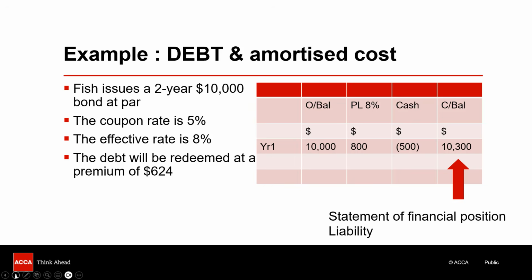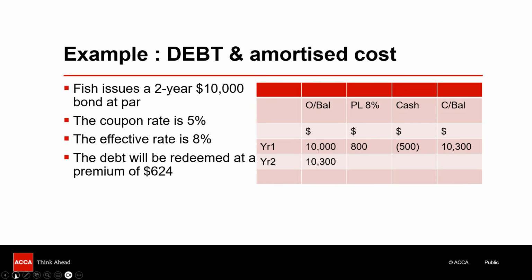And rolling into year 2, you start year 2 owing 10,300. And this is where we have compound interest. The finance cost now is 8% on the 10,300. So that means that you've got a larger cost than the year before because the debt is slightly larger.